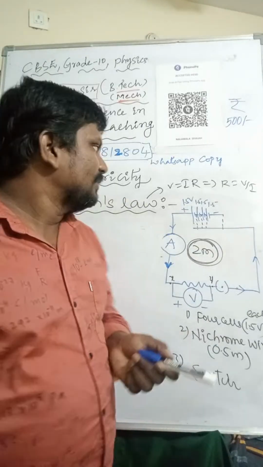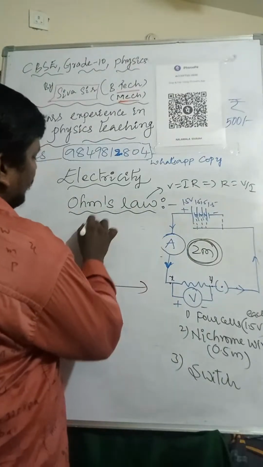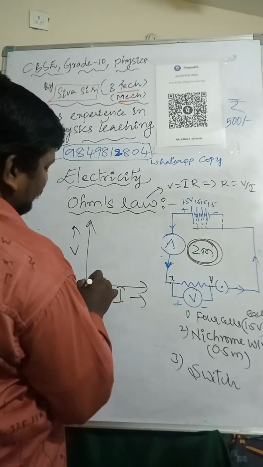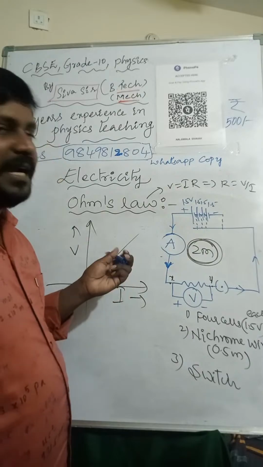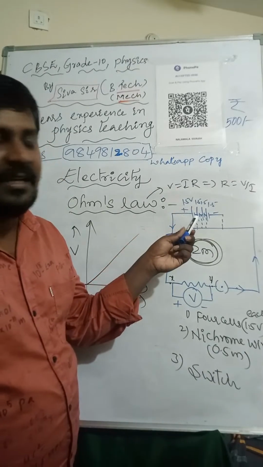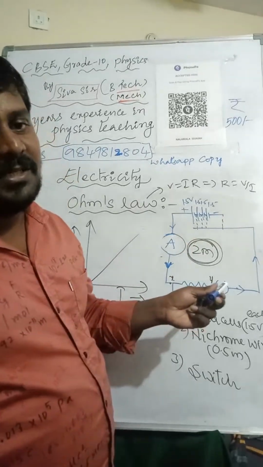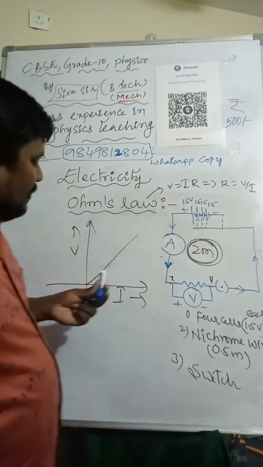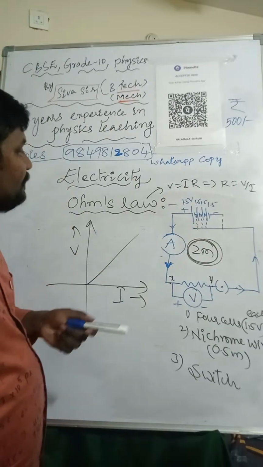Next, we'll go with the diagram. If you draw the graph, V on the y-axis and I on the x-axis, it becomes a straight line, that is linear, starting from the origin. Initially, when you connect the first cell, the ammeter reading will be 0 and the voltmeter reading will be 0, so we take the graph from the origin.